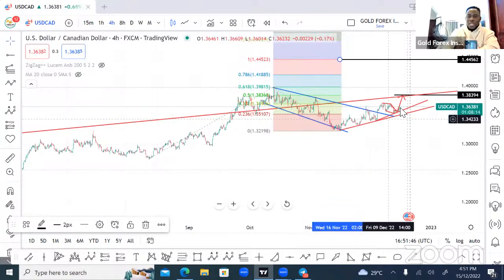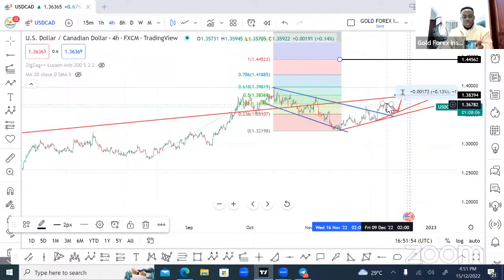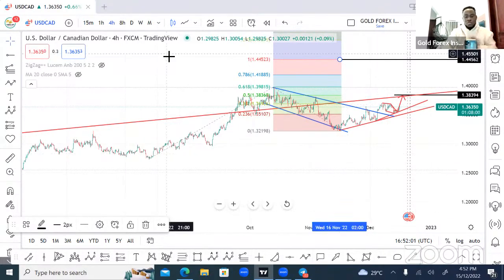Now let's break it down to what is happening at the immediate level. Now, when we want to look at the immediate level, it means that we are going to look at what is happening on the lower time frame.